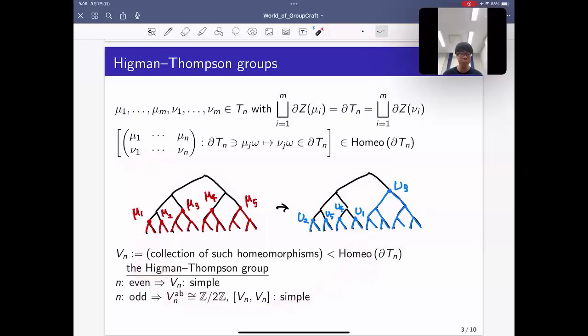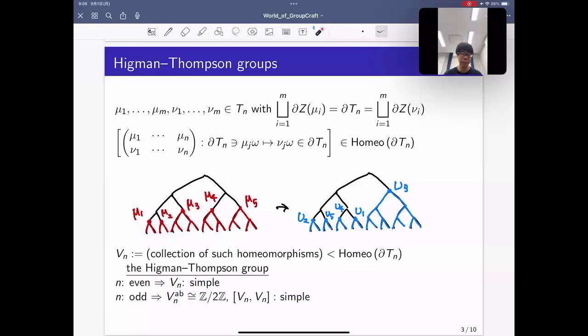All right. Then Vn is defined as the collection of such homeomorphisms. A collection of such homeomorphisms forms a group, and this is said to be the Higman-Thompson group, Vn.